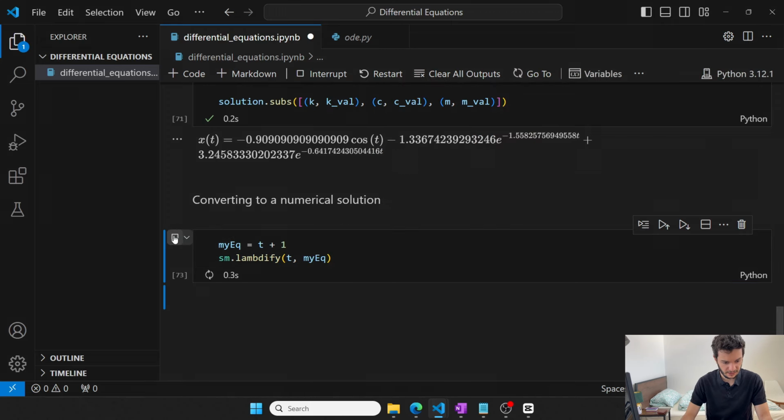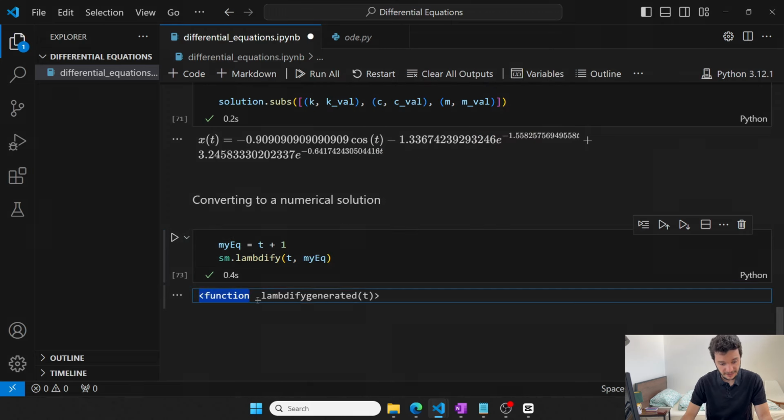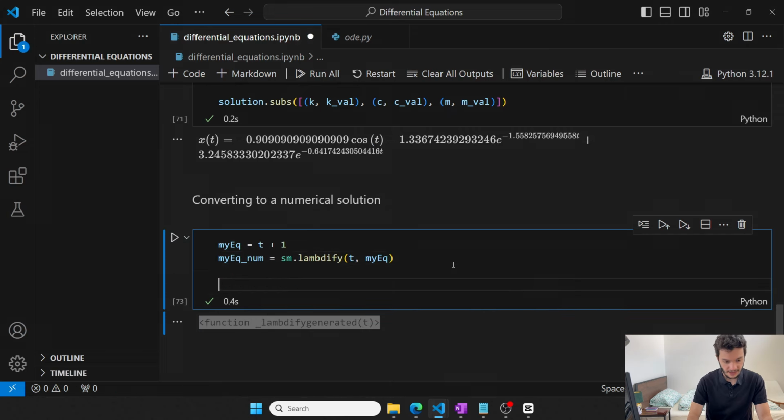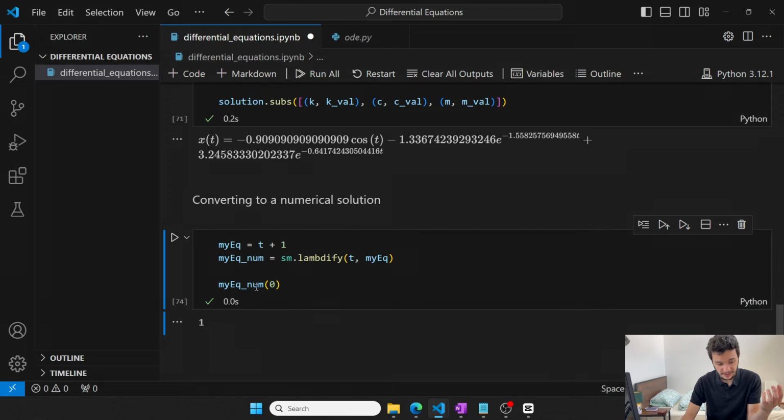If I run this, you see we get a function that lambdify generated. If I call this eq_numerical and input a value of t, let's say 0, we get 1, since if we replace t with 0, my equation becomes 1. If I replace t with 4, it is 4 plus 1, which is 5, and so on and so forth.